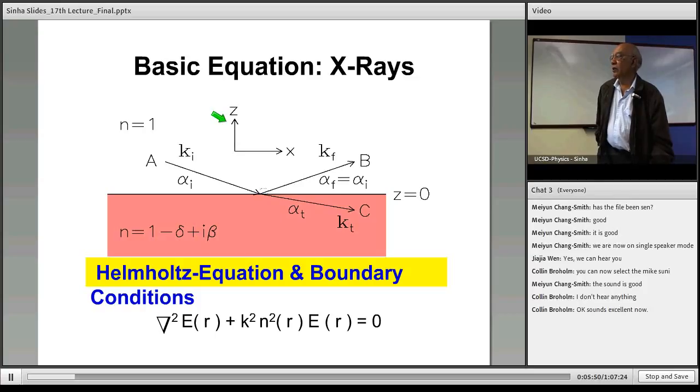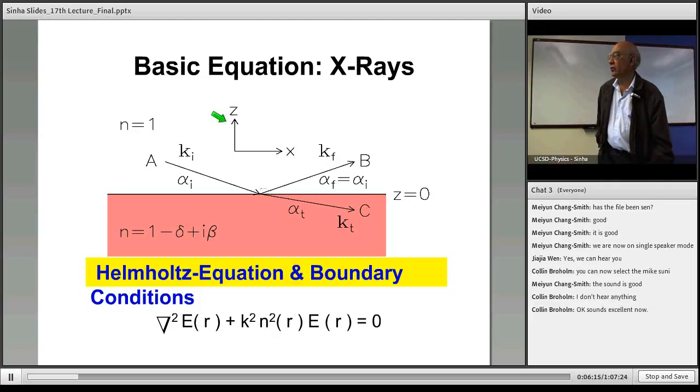There's also in general a transmitted beam in the medium, so we're assuming a single, smooth surface, no roughness, perfectly flat, and just two media, vacuum here and a medium here, with refractive index n. Okay? And we take this surface at z equals 0, define this as the x-axis, and define this as the z-axis.